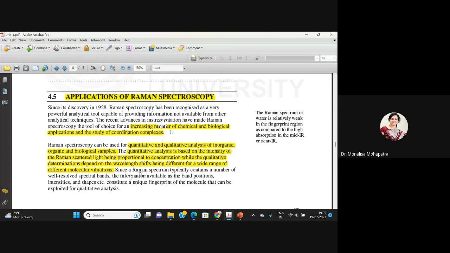Randomly, you cannot do it, like a barometer measuring pressure or a thermometer you put in to get the temperature. It is not like that, that you put the sample in Raman spectroscopy and you get the value. So sample is different, irradiation is different. Then you are going to take a calibration plot. Out of that calibration plot, you have to extrapolate to get a concentration.